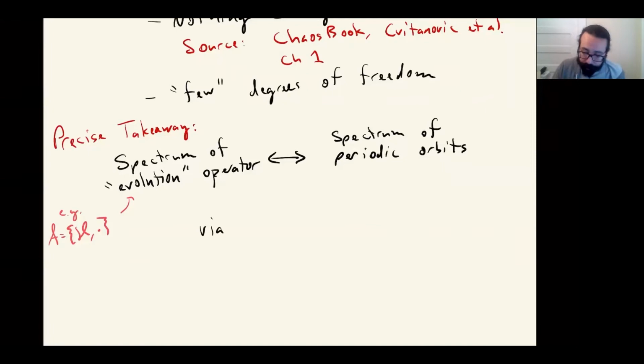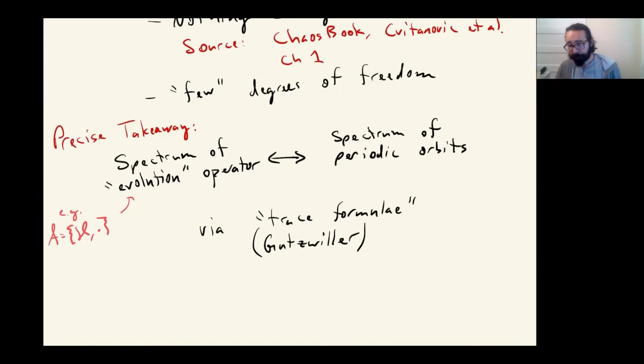This relationship, I think, is cleanly encapsulated by what are called trace formulas or trace formulae. I think the famous one of these is, okay, hopefully I'm spelling Gutzwiller's name correctly. Here, trace, we're familiar with the fact that the trace of an operator only cares about its eigenvalues.